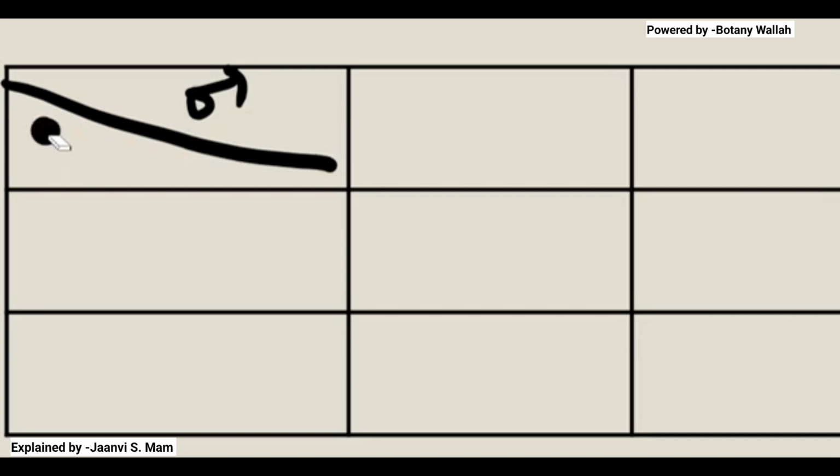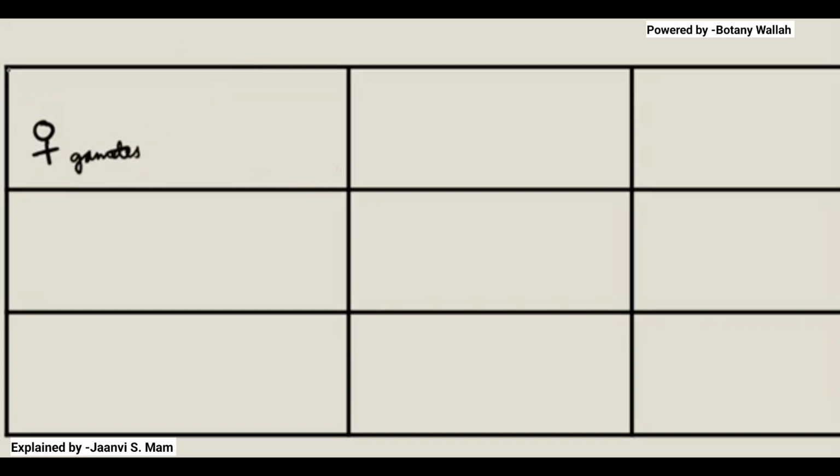What will we put here? We will write here female gametes, and on this side we will use male gametes.